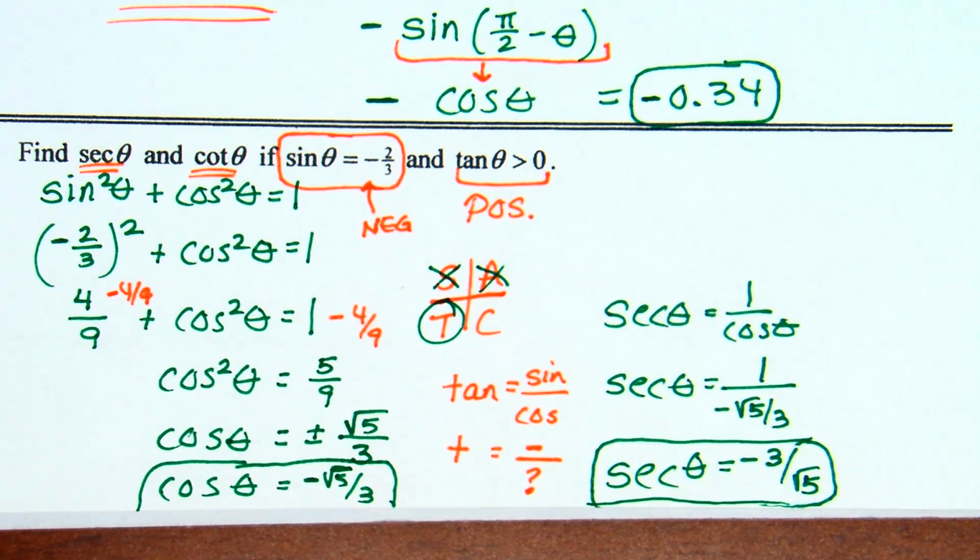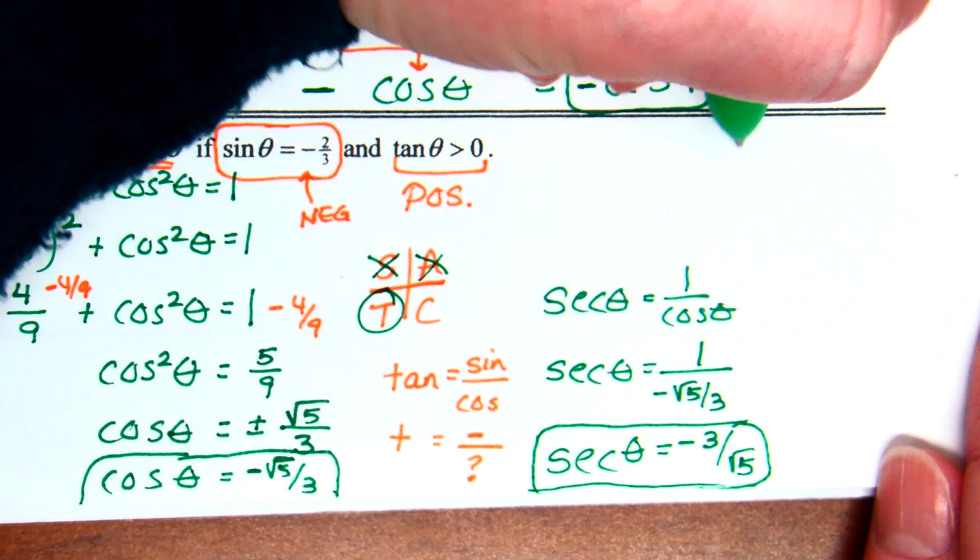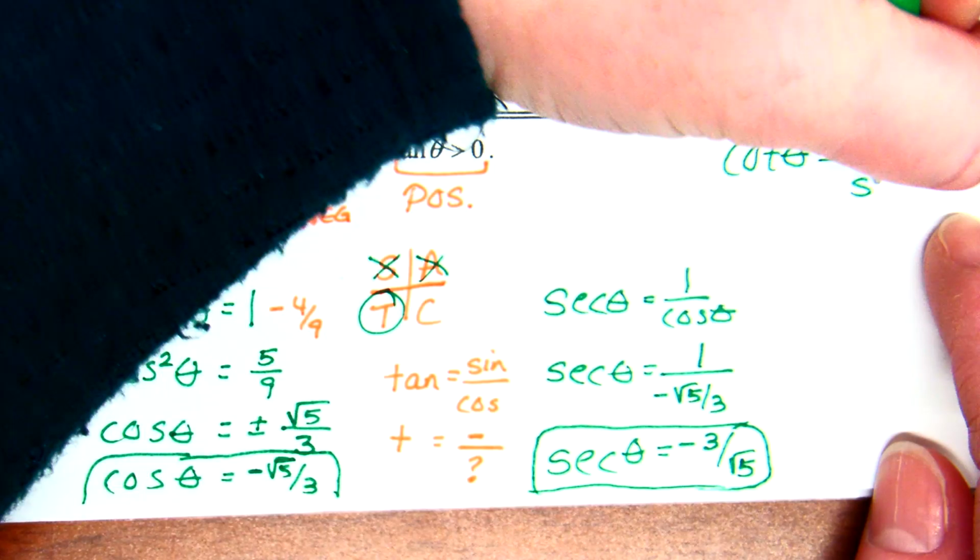Okay, we found secant. We also need cotangent. So what thought are you using to find cotangent? According to our quotient identity, cotangent is cosine of theta divided by sine of theta.